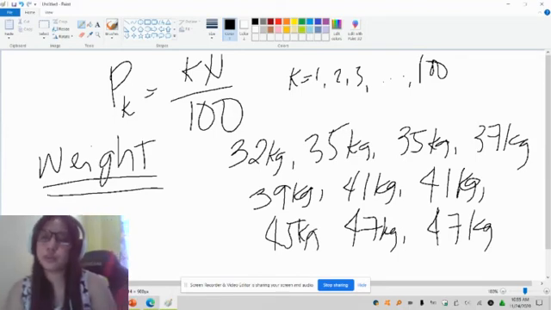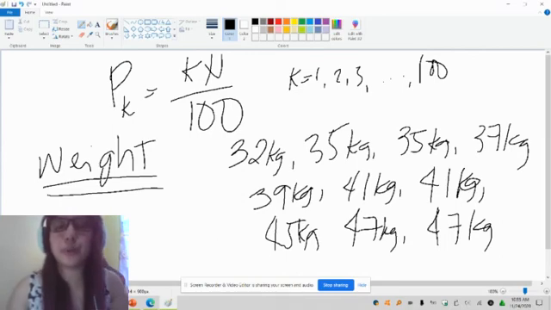So 1, 2, 3, 4, 5, 6, 7, 8, 9, 10. So we have the following weights of the 10 students.